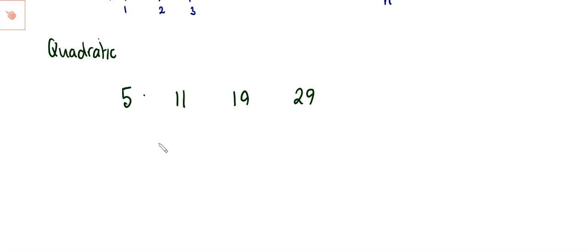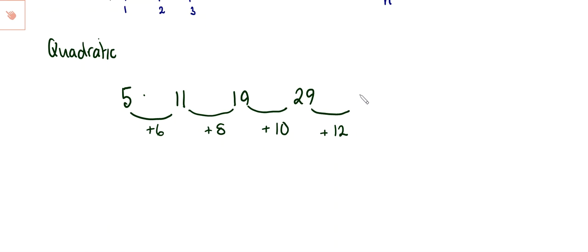How did you get there? Because this is plus 6, but this one's plus 8. This is plus 10. So we think the next one is going to be plus 12. So that would give me 41.